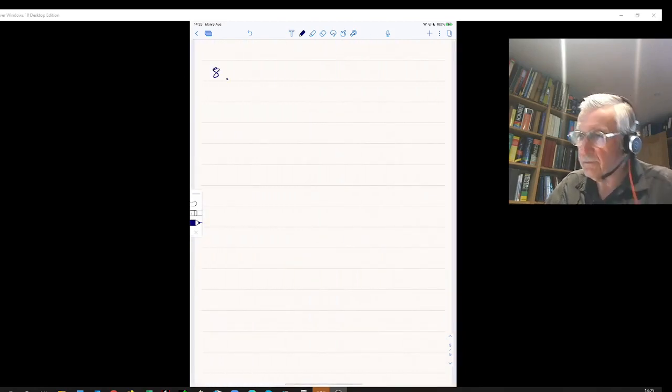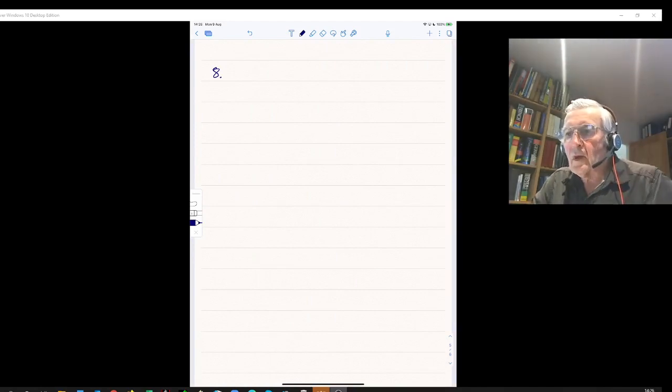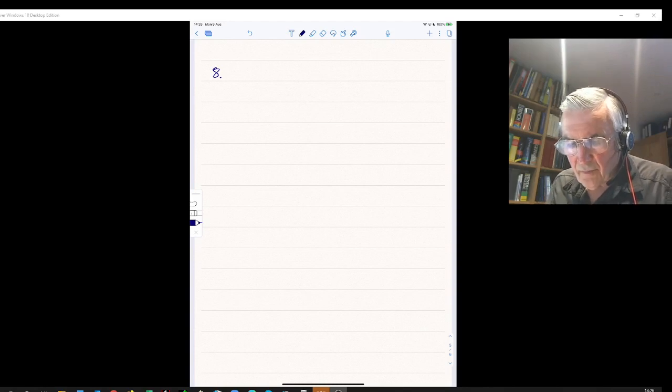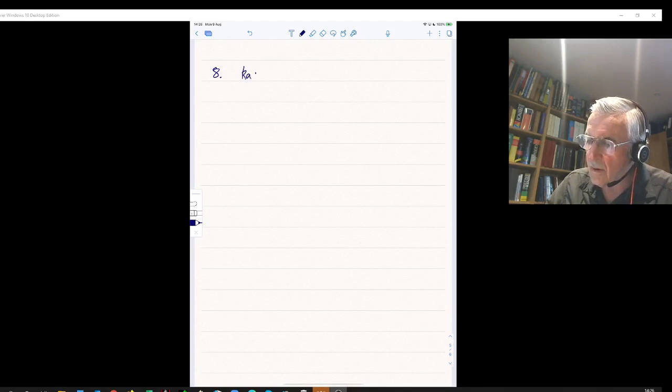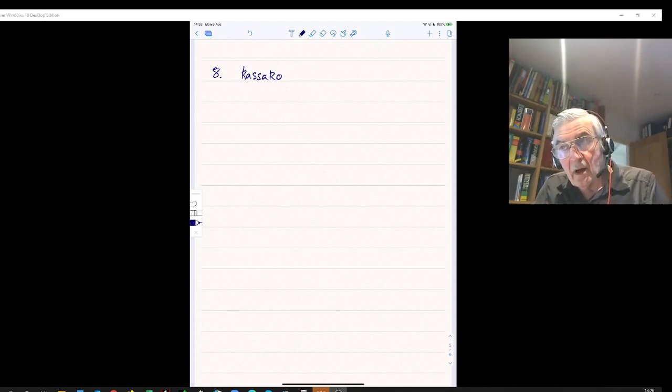Number 8. The farmer asks for a hoe from the merchant to dig pits in his field. So the farmer asks for a hoe. So we have the farmer is kasako, asks for a hoe.